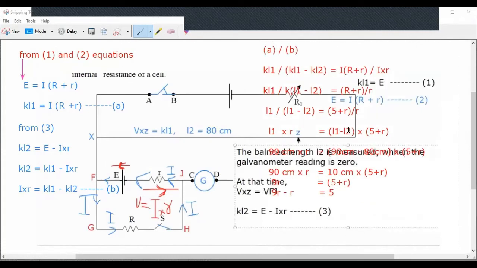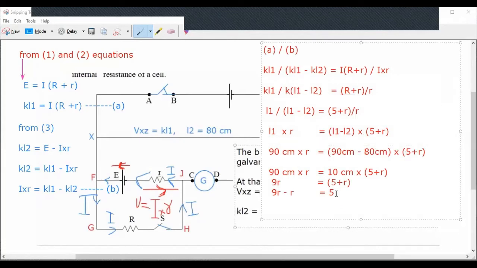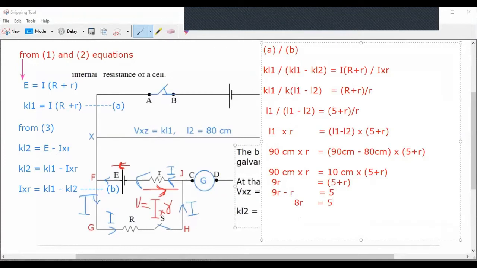Then 9r minus r, that is 8r. 8r equals 5. If you take 8 to the other side, then you can easily make simple r the subject. Simple r equals, I have written all the steps for you, 5 divided by 8.